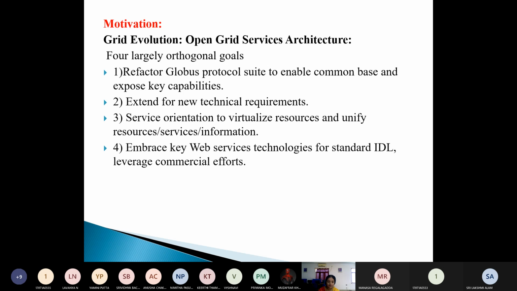The first goal is the management of resources and data across distributed heterogeneous environments. It provides the facilities for using and managing the resources and data across distributed heterogeneous environments.